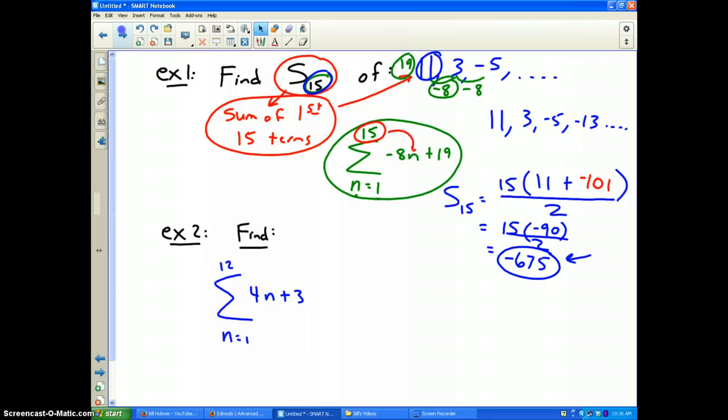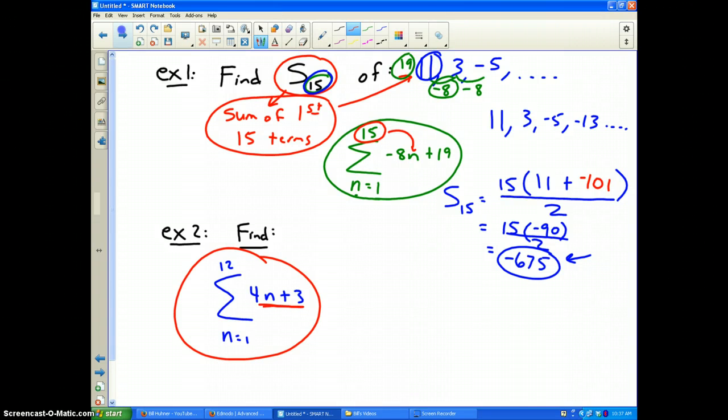Finally, example number 2. It says find the sum from n equals 1 to 12 of 4n plus 3. Well, again, in our formula, if we're going to evaluate this, and this is an arithmetic sequence or series because it's in the form y equals mx plus b, we need to find the first term in the pattern.